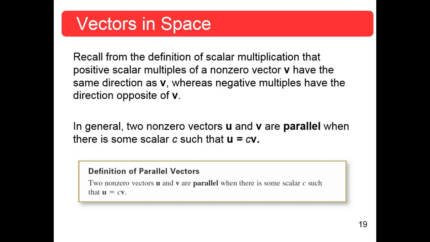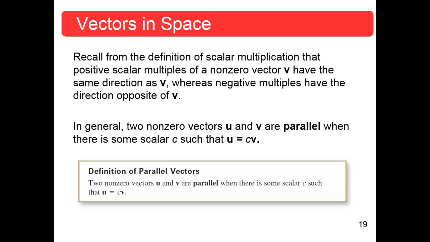Now, top of page 765. Okay. Recall from the definition of scalar multiplication that positive scalar multiples of a non-zero vector V have the same direction as V, okay?